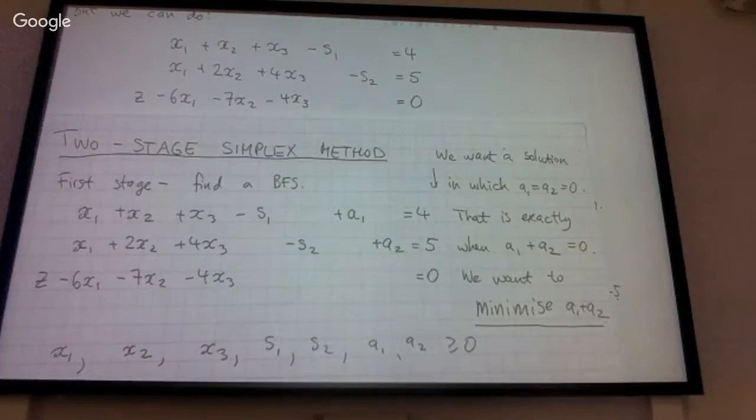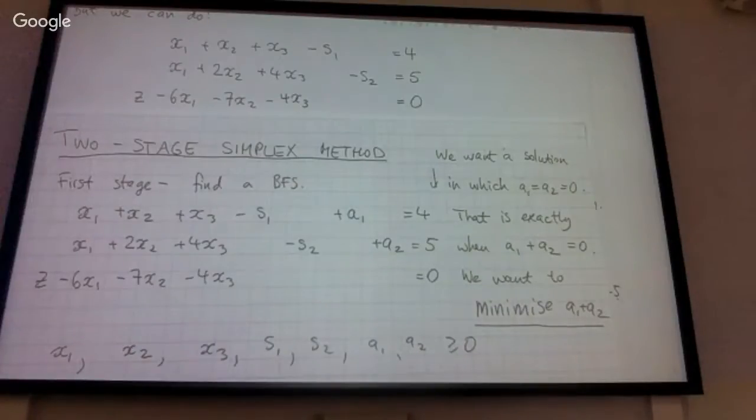But if the minimum is larger than 0, then we know that it's not possible to find x's and s's for which A1 and A2 are both 0, and then we know that we can't ever satisfy these constraints up there with non-negative numbers.